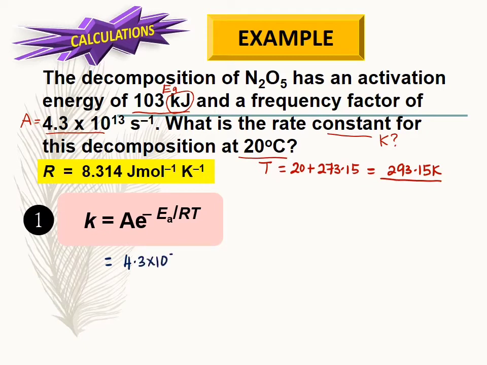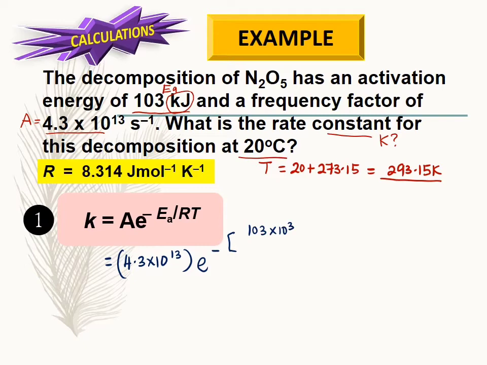So A kita ada 4.3 darab 10 kuasa 13. Tak ada negatif. So ini A eksponen negatif. So kita ada EA tadi kena tukar dalam joule ya.